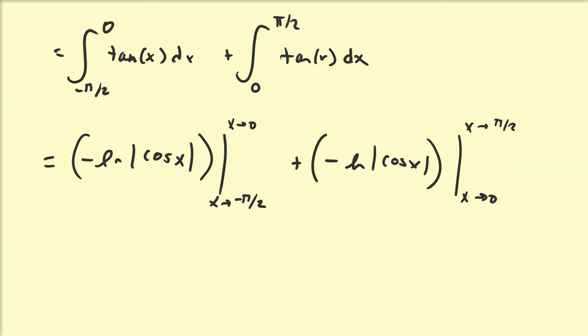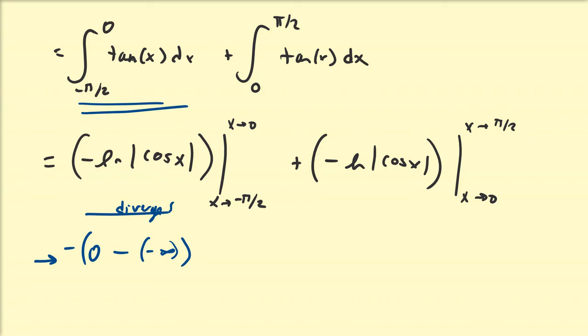When we plug in -pi over 2, cosine of -pi over 2 is 0, and natural log of 0 is negative infinity. So that's infinite, which means this integral diverges. With similar logic, since the antiderivative is the same, this diverges as well. So one or both of these integrals diverge, hence the original integral diverges.